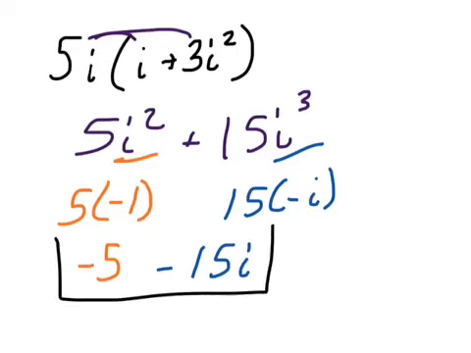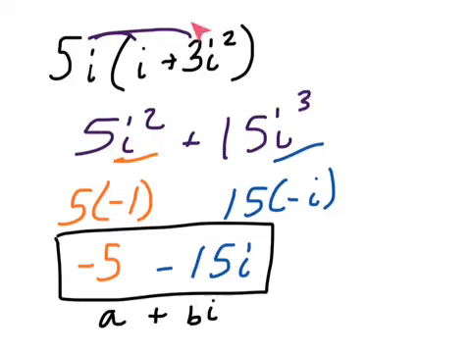Now this is in the form a plus bi, it's in its simplest complex form. So 5i times i plus 3i squared is negative 5 minus 15i. So we have this complex expression in its simplest form.